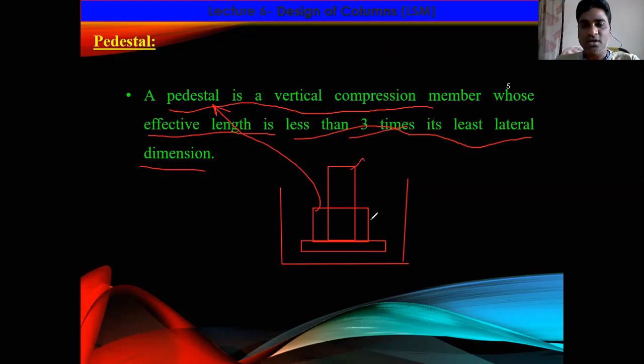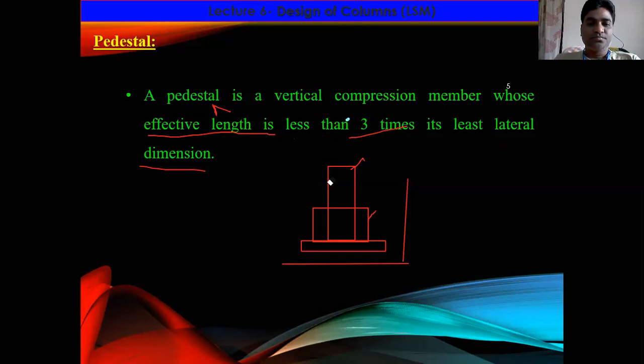This is your column, and this is your pedestal. A pedestal is provided to increase the strength and thickness of the column. If the length of the column is very high, you can provide a pedestal at the foundation.